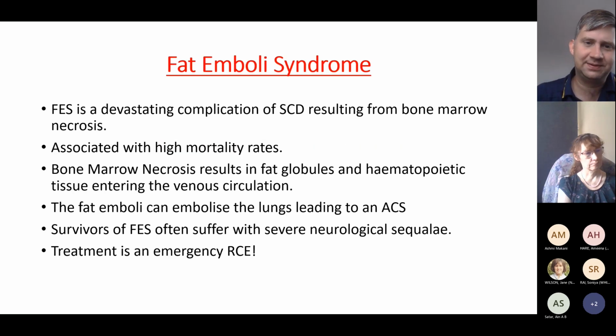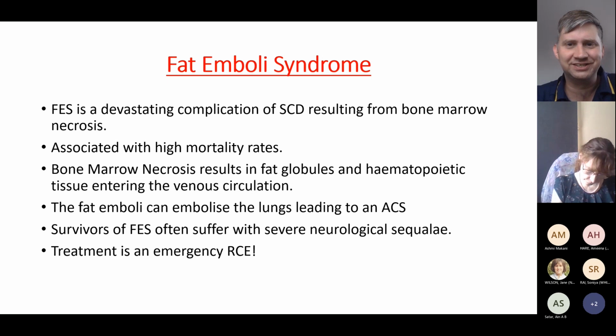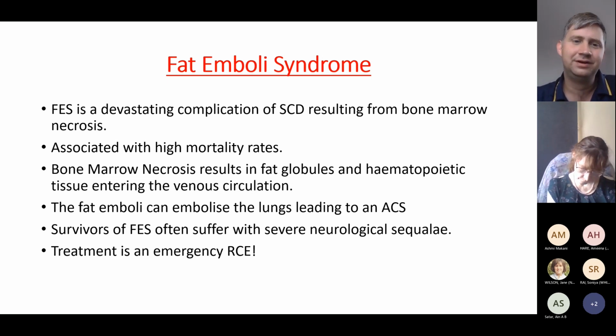And then briefly, fat embolism syndrome, very rare. Sometimes it goes undiagnosed, unnoticed, and there's not really any sort of testing that can be done to prove the diagnosis, so sometimes it's based on clinical judgment.